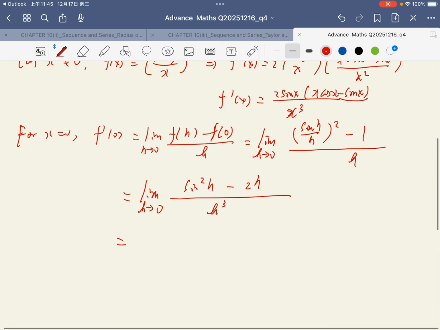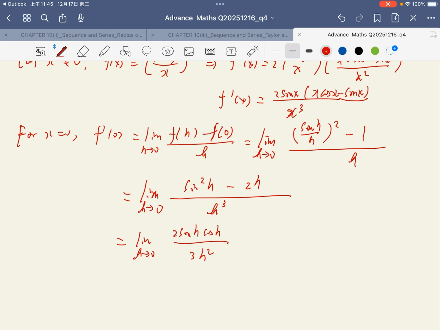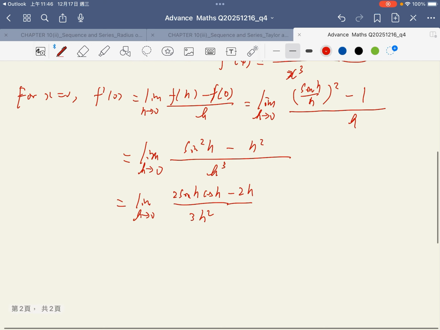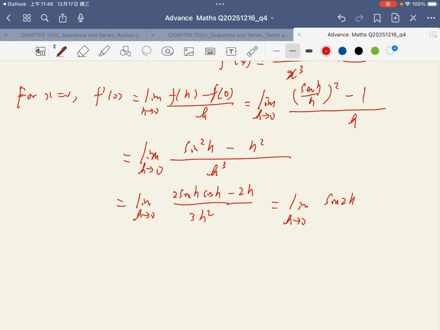The first one, by L'Hospital's rule, the denominator is 3h squared, and the numerator, change the format, is sin 2h minus 2h. This is an indeterminate form, because the form is 0 over 0.